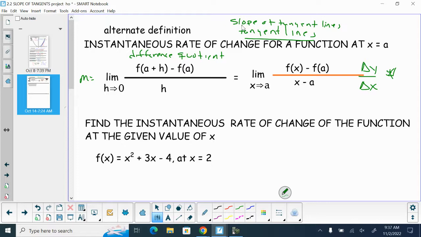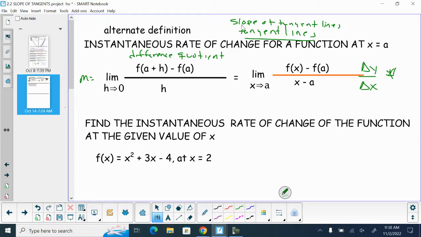I'm going to find the instantaneous rate of change, or the slope of the tangent line, of the given function at x equals 2. So we could go through the process that we just went through with respect to plugging in values of 2.5, 2.3, 2.1, 2.01. But you can see that was very, very cumbersome.